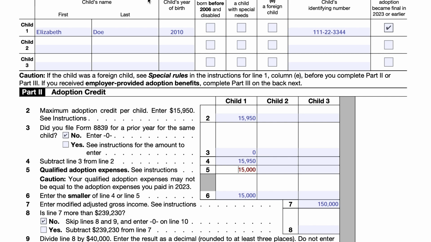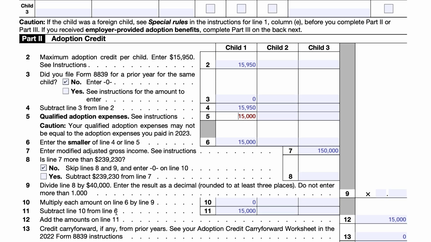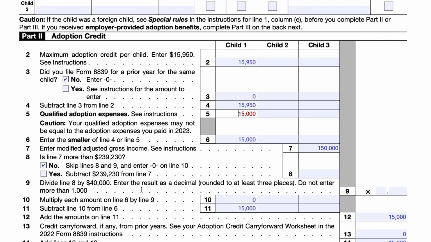So for the purpose of this, John's income is well below the limit. This is for 2023, it's $239,230. So that is the start of what's known as a phase out. Phase out means that your tax benefit gradually goes down as your income gets higher and higher, and above, let's call it, $279,230, there is zero tax benefit.